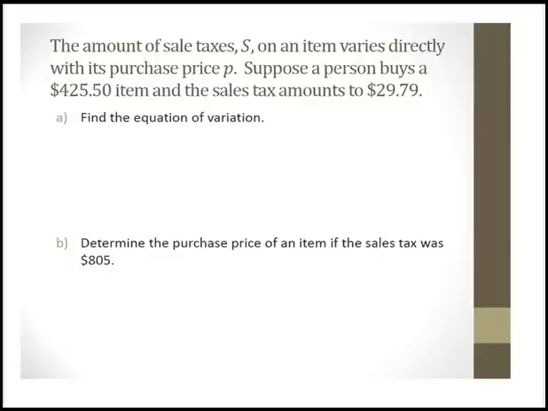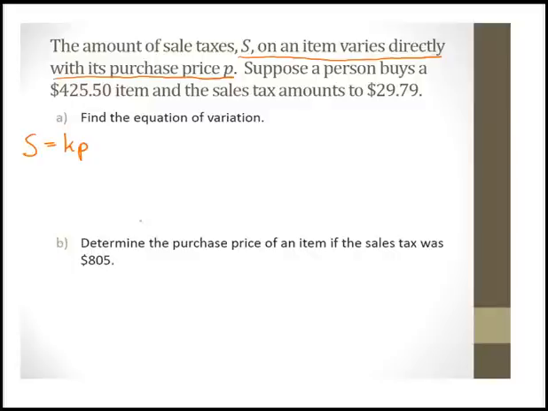The key phrase is that the sales tax, S, on the item varies directly with its purchase price, P. Using that phrase, I can write the model S equals KP.